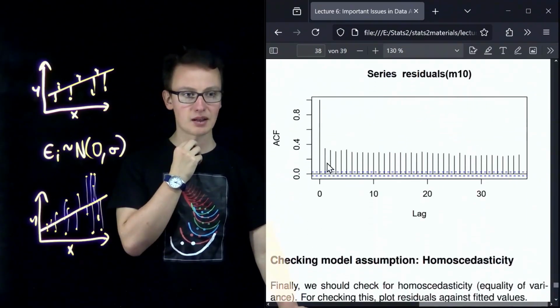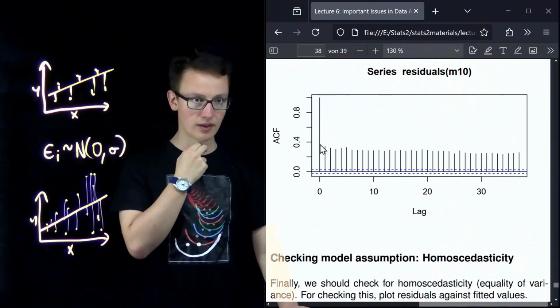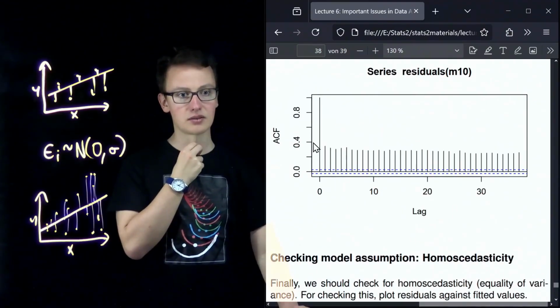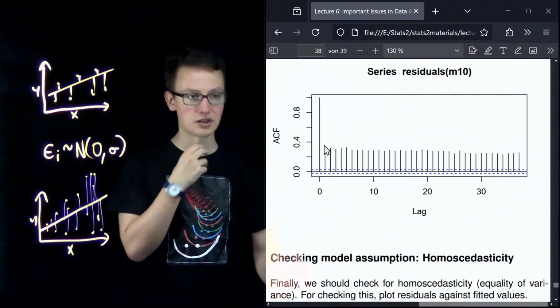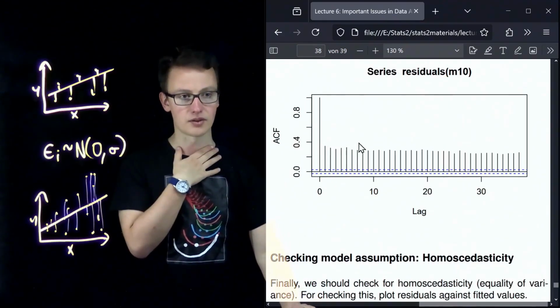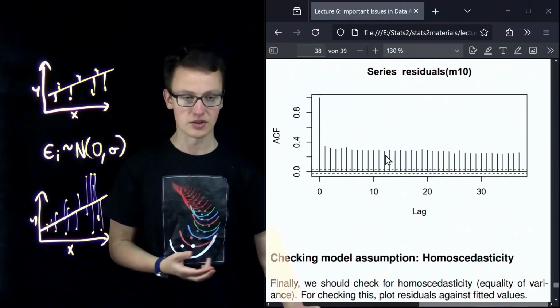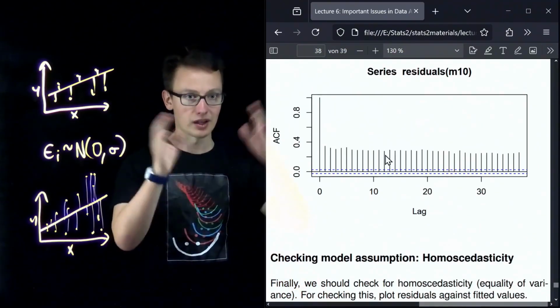But if we fit a simple linear model, then we have this plot where we have autocorrelations of almost 0.4, which is bad. Okay, so here you can see the benefit of fitting a linear mixed model, because that takes into account our hierarchical data structure.